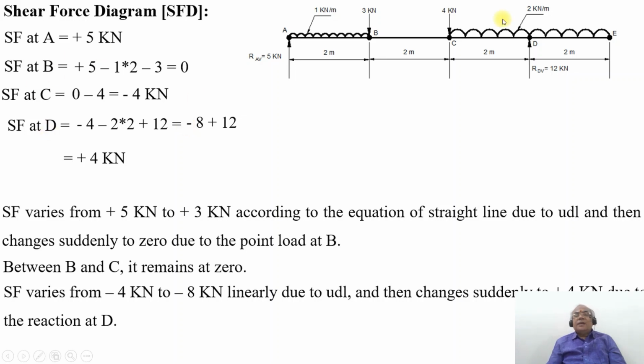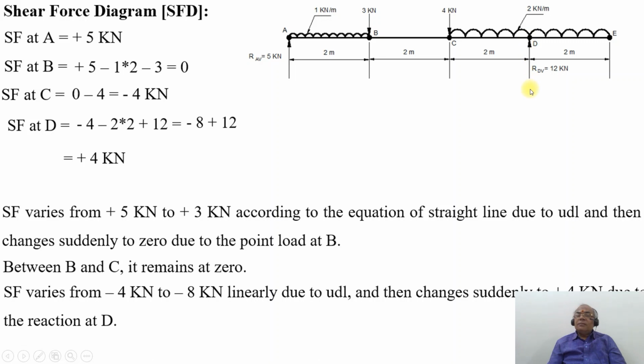We can describe here at the point C, you have minus 4 kilonewton. Then at the point D, considering only the UDL, it will be minus 4 minus 2 into 2, which becomes minus 8. So SF varies from minus 4 to minus 8 kilonewton linearly due to the UDL.